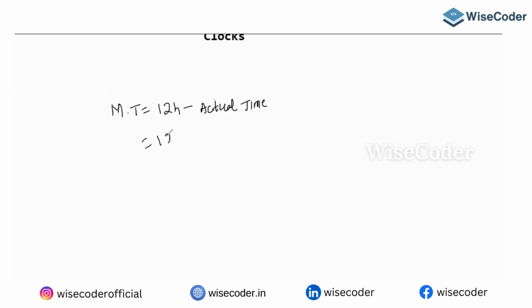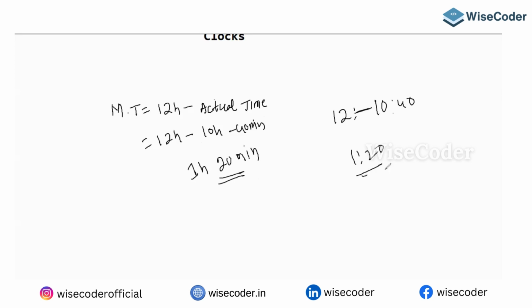So here, 12 hours minus 10 hours and 40 minutes, that is nothing but 1 hour 20 minutes. So you need to subtract this, and it will show 1 hour 20 minutes.